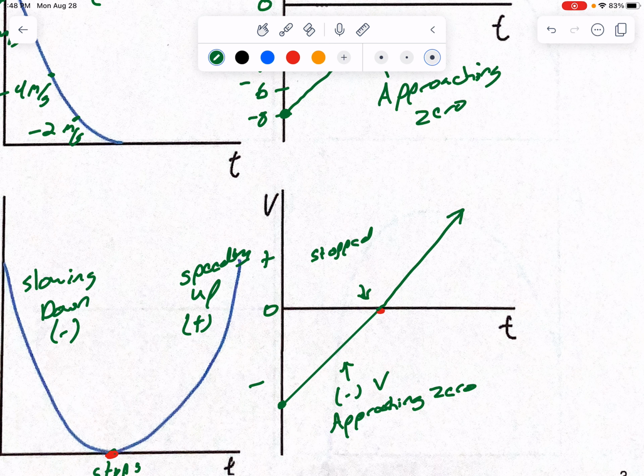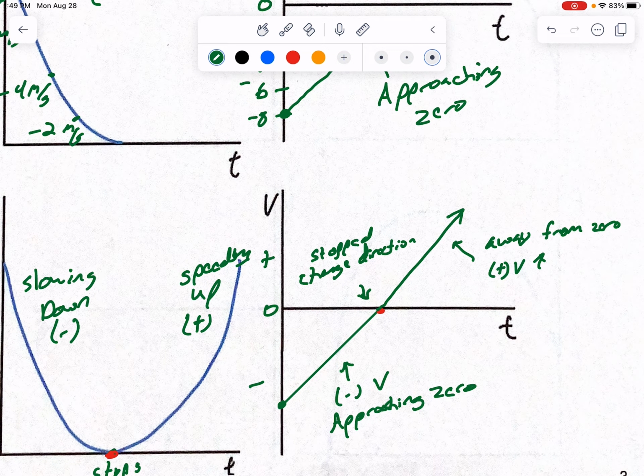And then now you have also turned around or changed direction. And then on this line right here, okay, we are now going away from 0. So that means your velocity is going to be increasing in the positive direction.